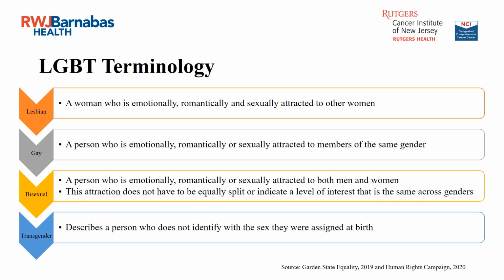So this could mean someone who is assigned male at birth but identifies as female, or someone who was assigned female at birth but identifies as male. You may have heard the term non-binary. The term non-binary refers to someone who may have been assigned, let's say, either male or female at birth, but does not identify with any specific gender.